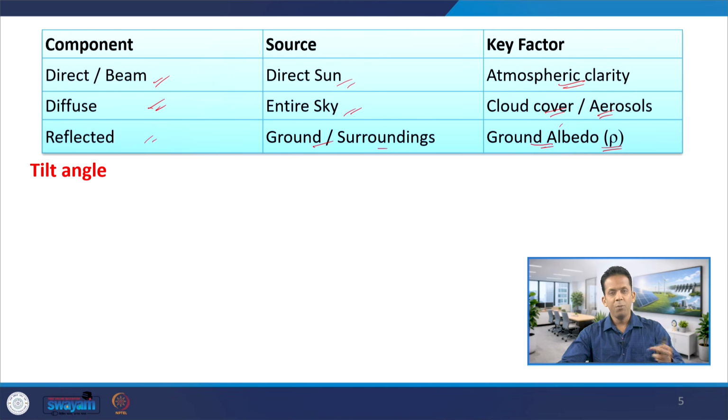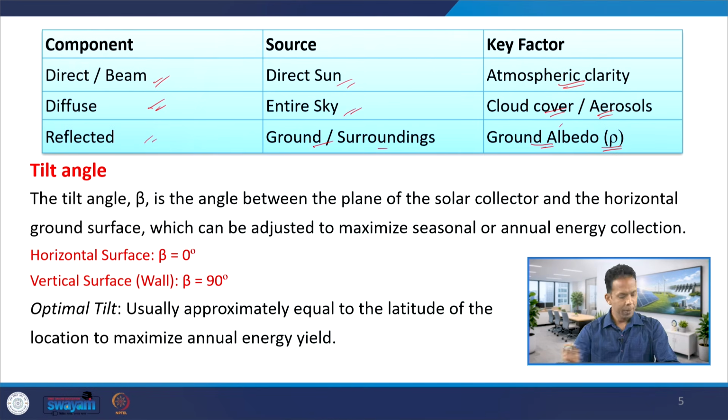Now, before I move to the types of surfaces like horizontal or tilted surface, let's quickly define the tilt angle. We had seen this angle beta while we defined the angle of incidence for solar radiation, that is theta. It is defined as the angle between the plane of the solar collector and the horizontal ground surface, which can be adjusted to maximize seasonal or annual energy collection.